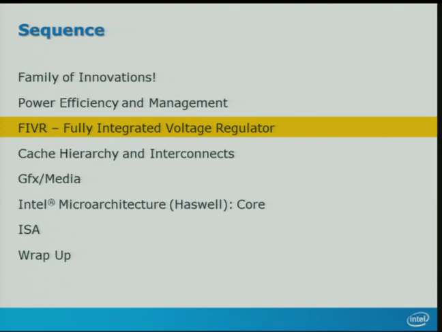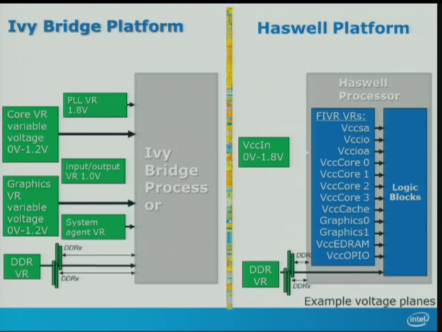So, next cool thing, fully integrated voltage regulators. If you look at the Ivy Bridge platform, we had a whole slew of highly optimized voltage regulators, and that was all good. They provided voltage at the right characteristics for the different pieces inside of Ivy Bridge.